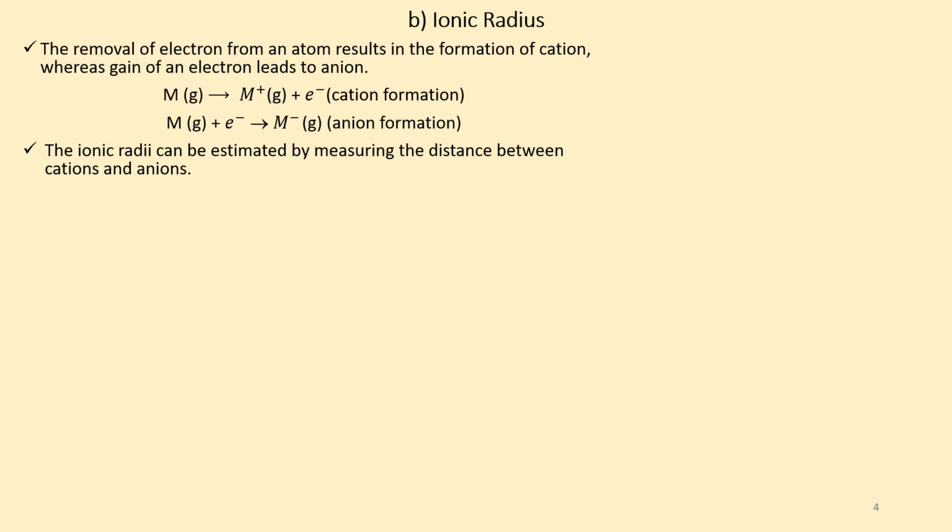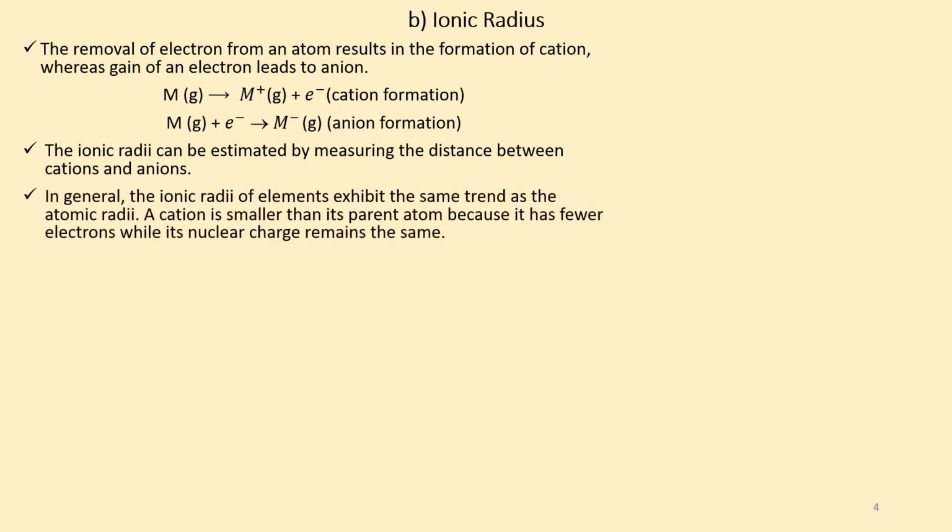A cation is smaller than its parent atom because it has fewer electrons while its nuclear charge remains the same.